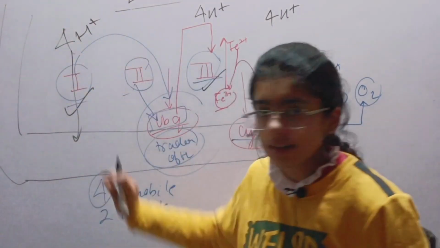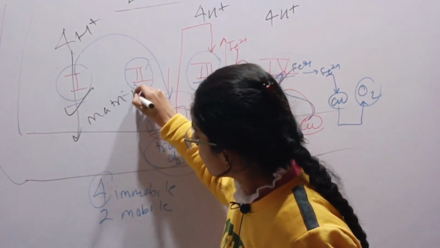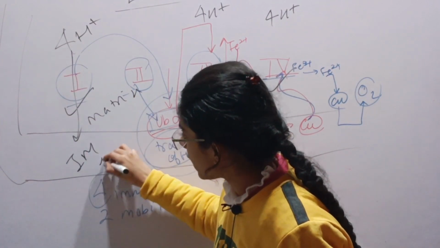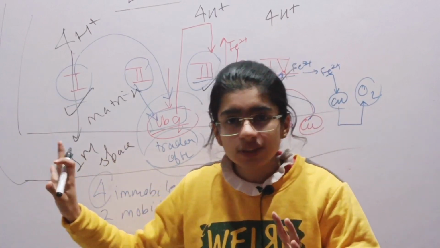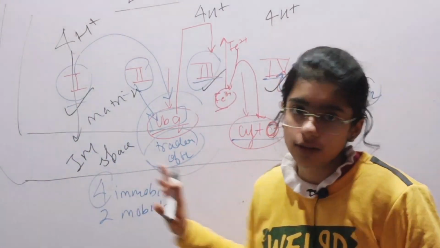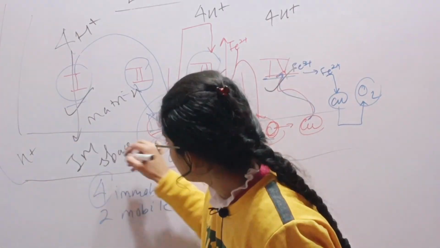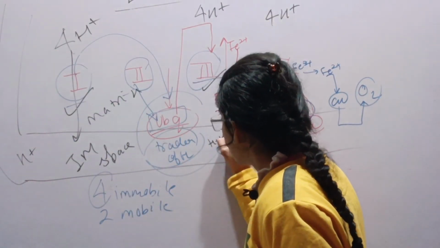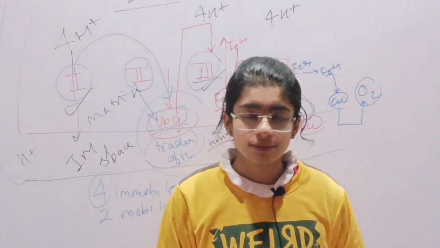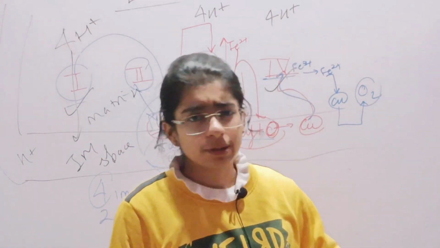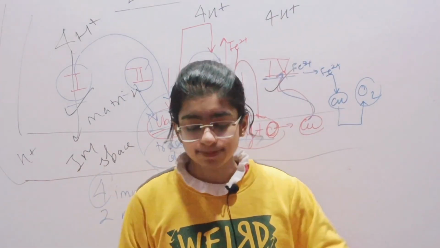I hope you can understand now. So we have to create a concentration gradient along these two areas. More hydrogen ion concentration should be here, and less should be here, for ATP production, right? That we can talk about in another video, but the main concept is only this.